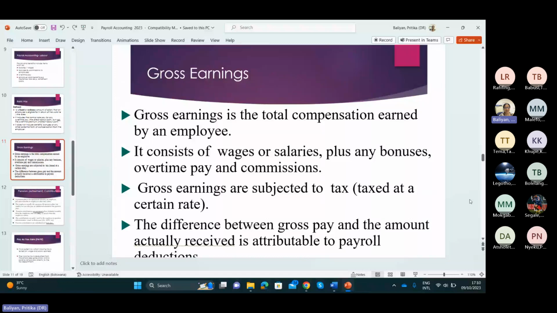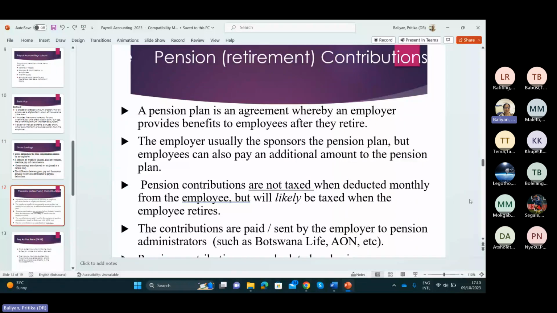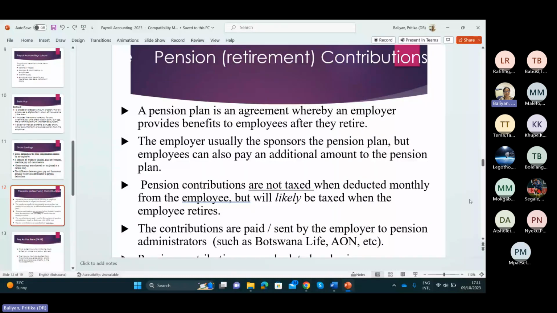When we talk about deductions, one is the pension contribution, which is an amount paid at the age of retirement. According to the Botswana tax system, or you can say according to the revenue regulation, the pension contribution from the employee is not taxable.